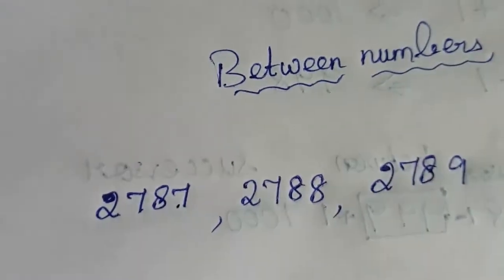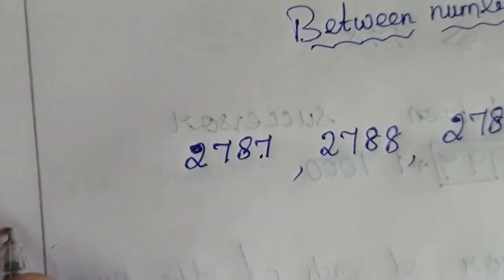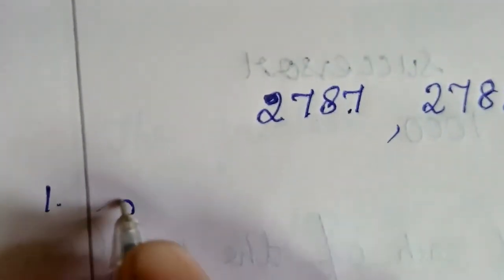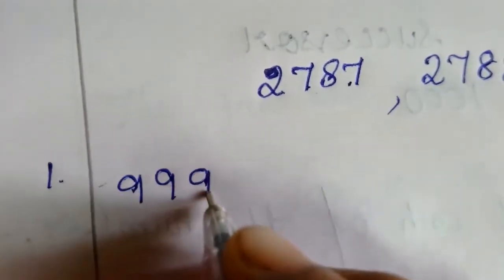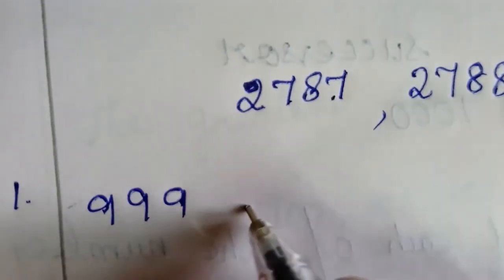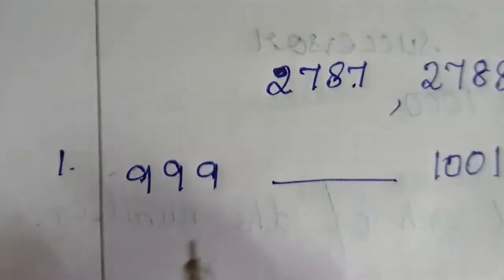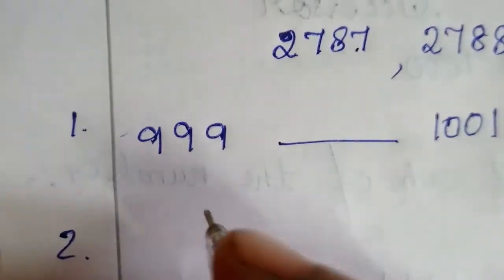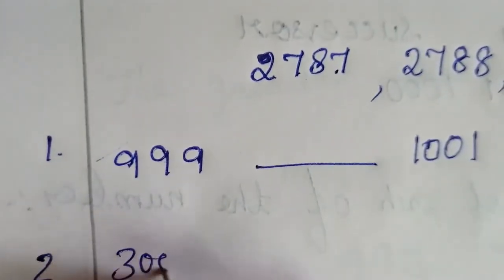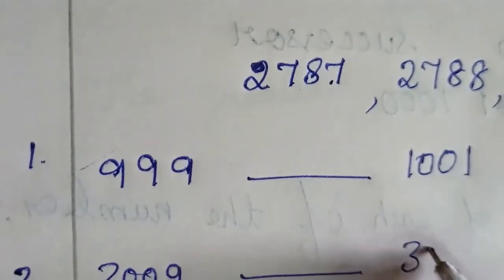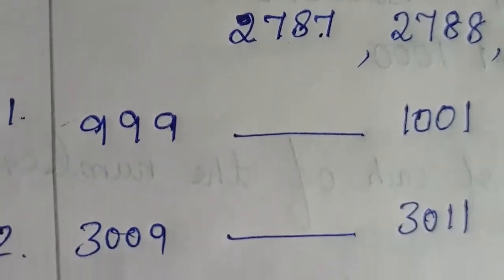Now, let's do some more examples. 999, 1001. Next, 3009, 3011.